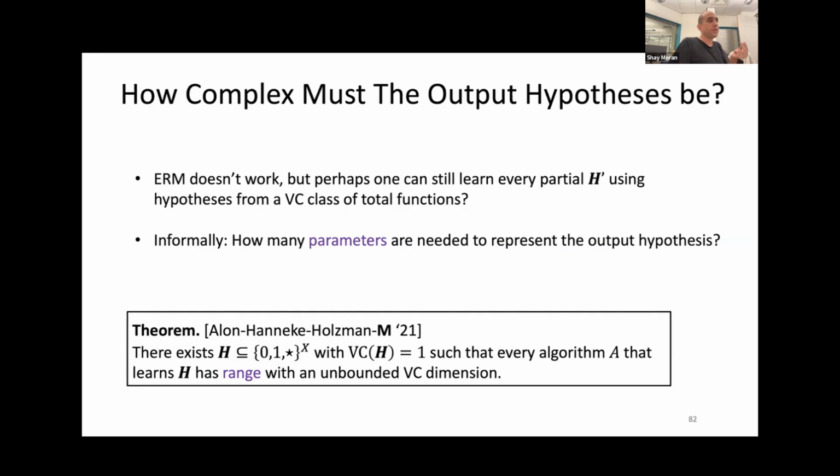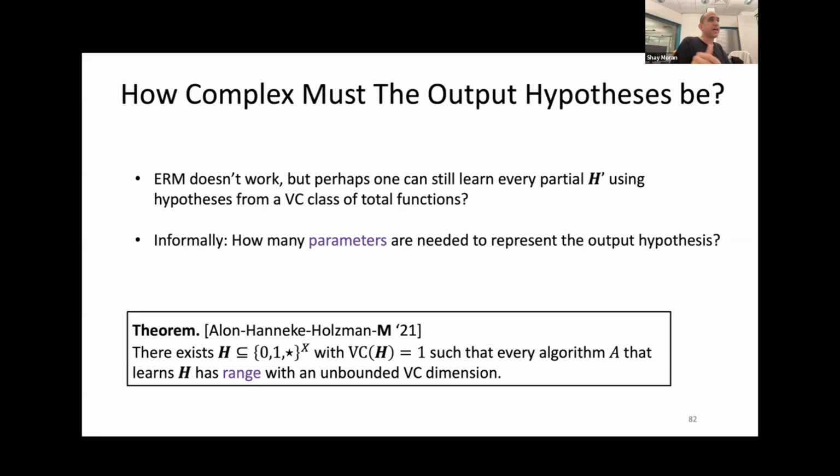And let's assume that this partial class has bounded VC dimension. Let's say VC dimension 1, right? What does this mean? It means that you can never find, let's say, 2 rows in which you see all possible 4 Boolean patterns: 0, 0, 1, 0, 0, 1, and 1, 1.